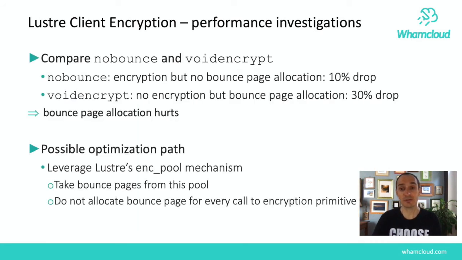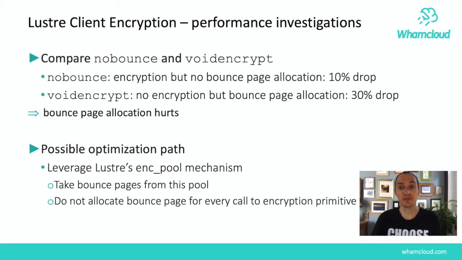So from the graph, if you compare the two gray bars, you can see that with the no bounce code, we have a performance drop of around 10% only, and with the void encrypt code, we have around 30% performance drop. So it shows that it is really bounce page allocation that hurts performance when we do encryption.